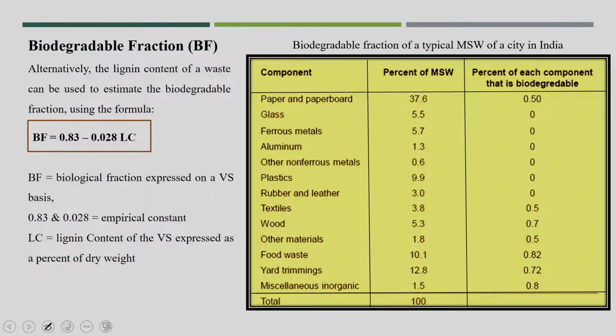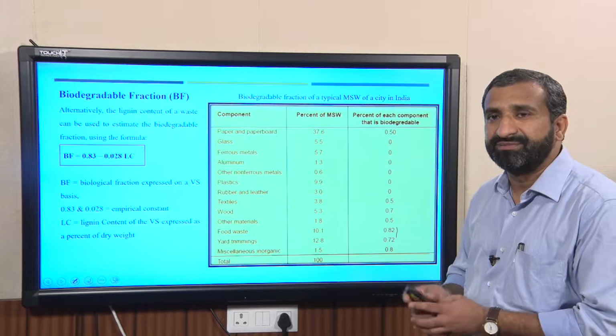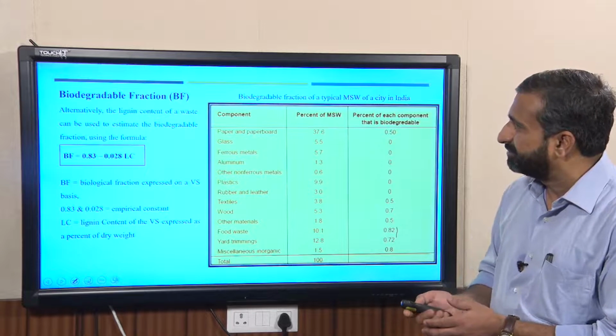If you see one particular data of India, the percentage of MSW: food waste is 10%, glass is 5.5%, plastic is 9.5%, but the biodegradability of these is very low, except food waste, which has 10% in the MSW and a 0.82 biodegradable fraction. Yard trimming is also highly biodegradable. From this we can easily understand the biodegradability of the particular fraction.